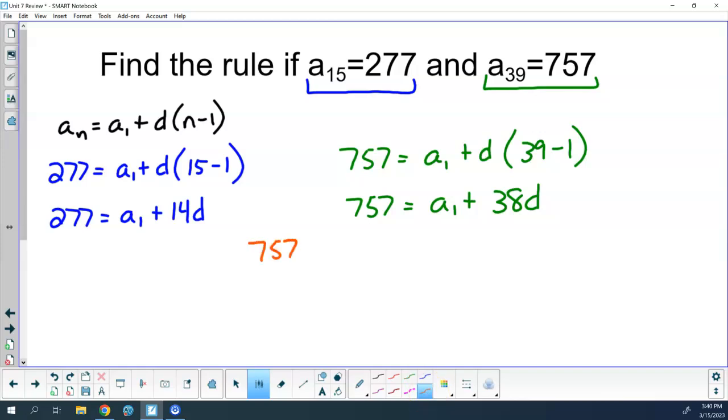I'm going to leave the green one the same, but I'm going to multiply the blue one by negative 1.